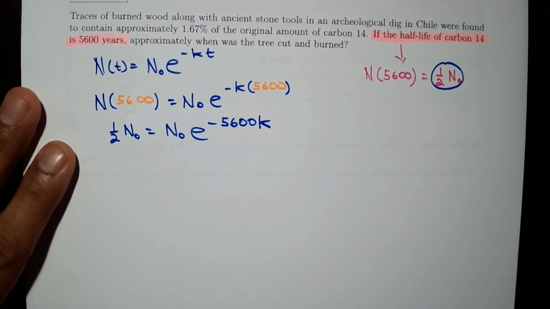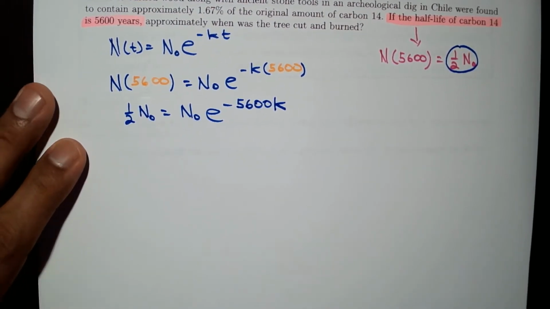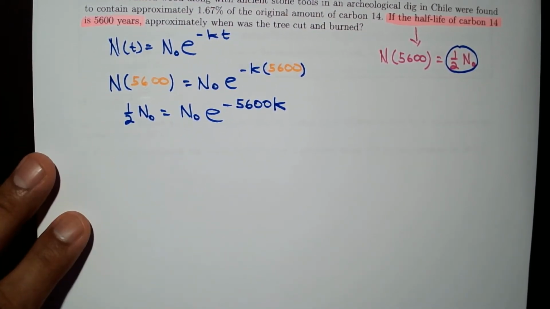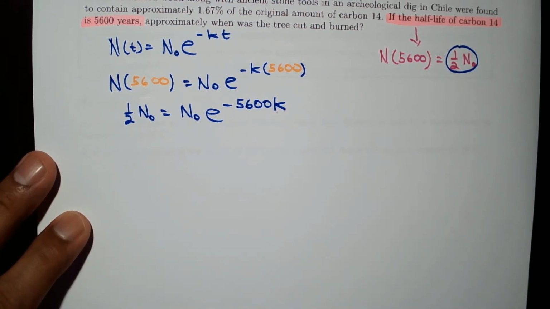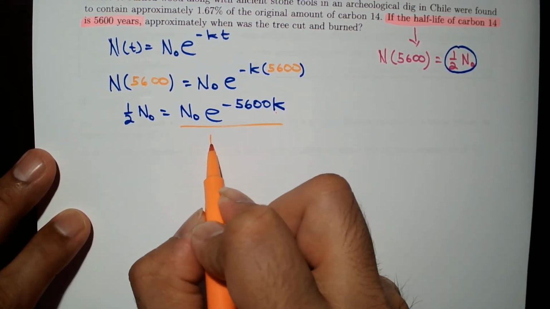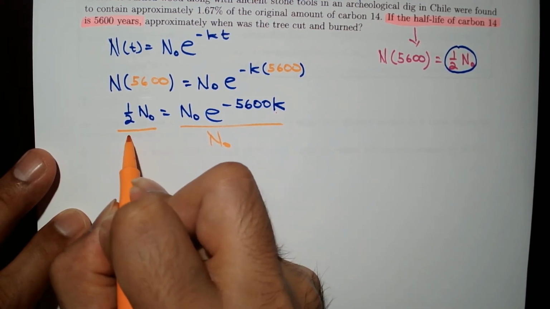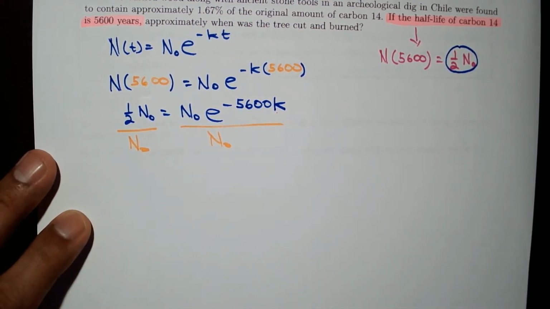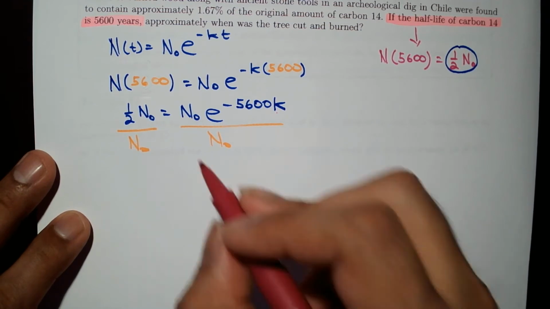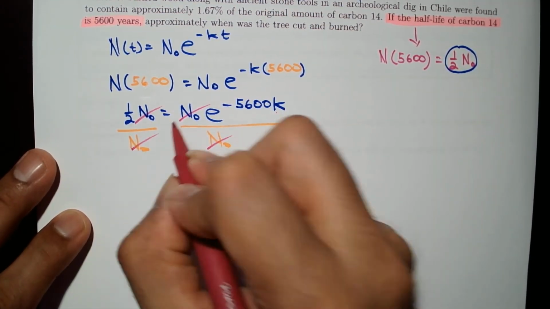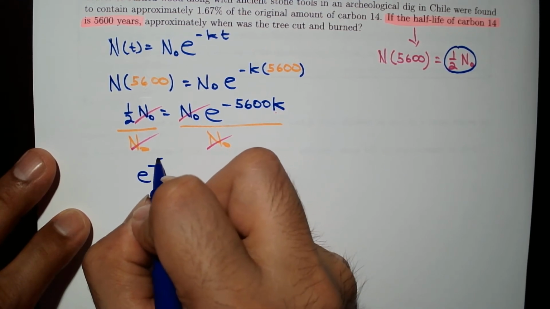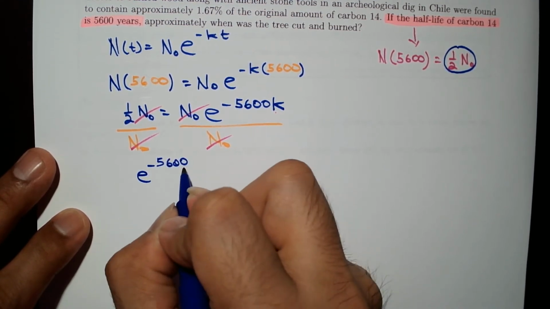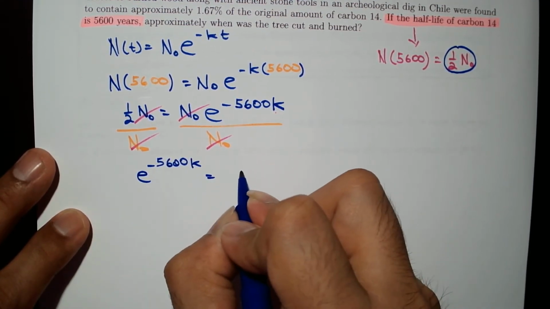And then from here, we are going to solve the exponential equation for k. So first of all, let's divide both sides by N initial. So e to the negative 5600k equals 1/2.